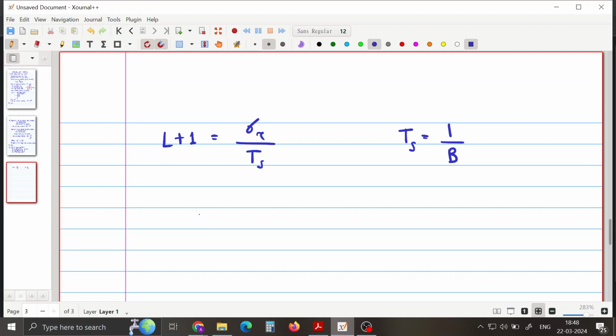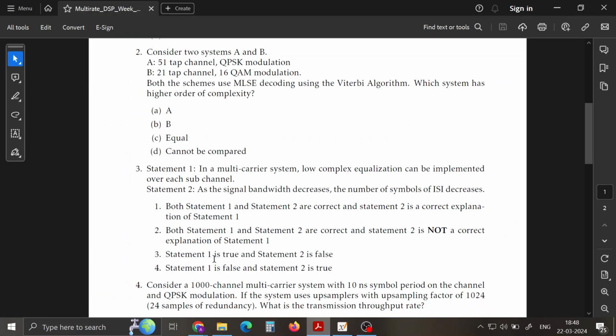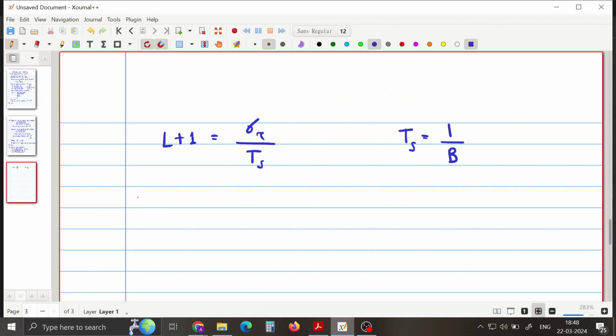Now, if you go back to statement 2, what it is saying is, as the signal bandwidth decreases, the number of symbols of ISI also decreases. So if your signal bandwidth decreases, which means B goes down, then the symbol duration Ts will go up, and from the first formula, L plus 1 equals sigma tau divided by Ts, if the denominator increases, then of course the number of taps will go down.